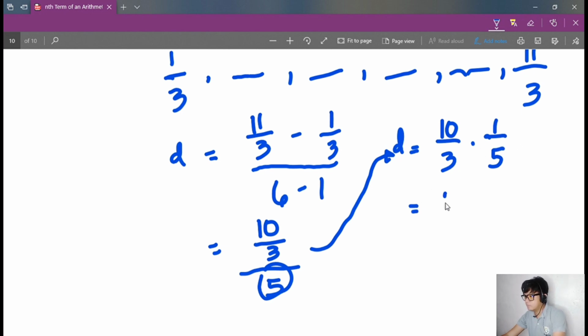So 10 times 1 is 10, and 3 times 5 is 15. So 10 over 15 can still be simplified.